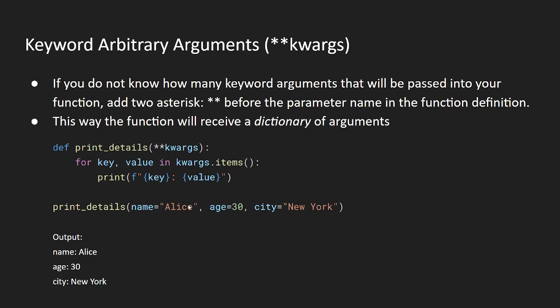Basically it's just a dictionary. So name equals Alice, age equals 30, city equals New York. What if sometimes you may not have a city and you just have name equals Alice and age equals 30, and that's all you know about Alice? In that case, this kwargs system would be very beneficial because there's some ambiguity in what you're trying to pass in.